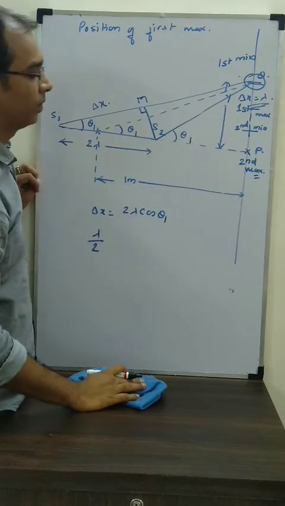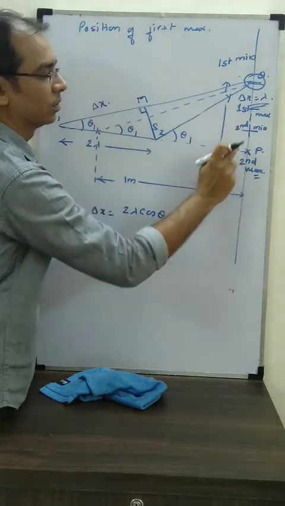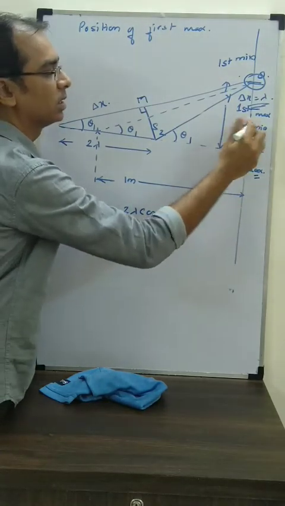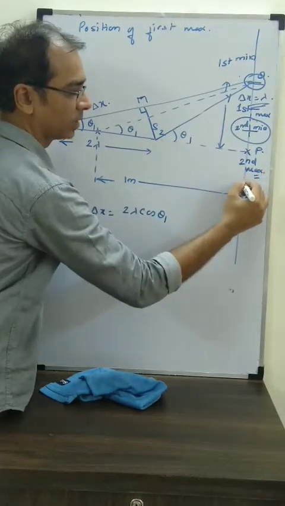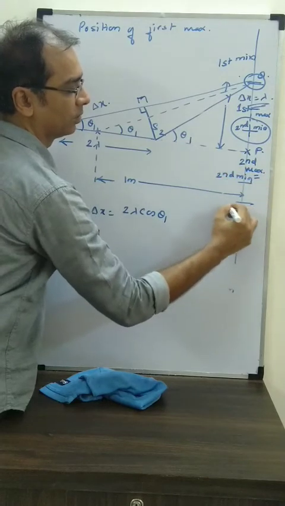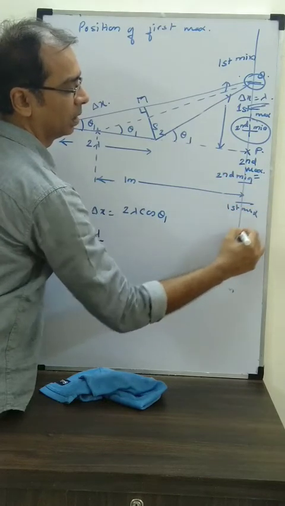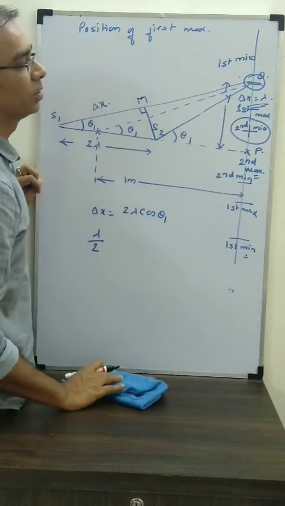Okay, so what are we finding? We are finding out from here which is the first minimum. So if we are going for this minimum, this is second minimum. Okay, on this side also, after second maximum, what will come? Second minimum. Then comes first maximum. Then comes first minimum. Okay. So what are we trying to find?